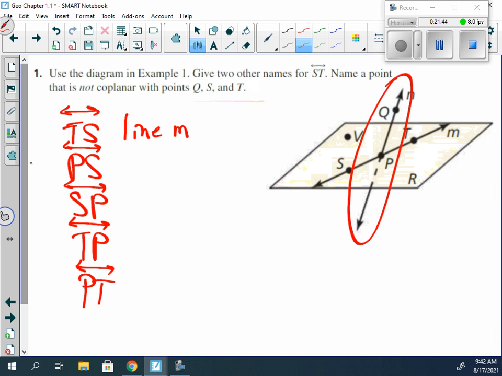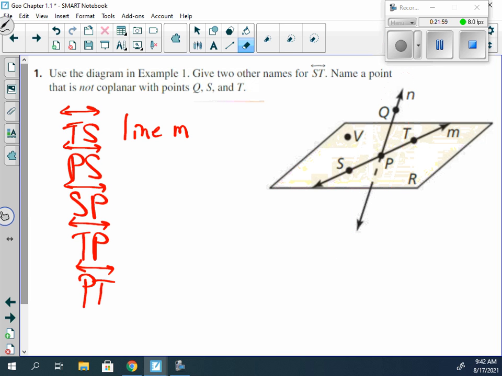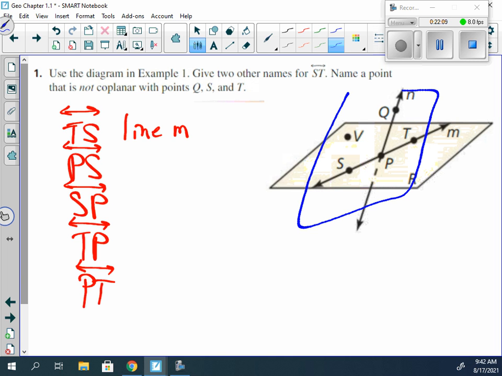Okay. Now there is a second part to this question. Name a point that is not coplanar with Q, S, and T. So it would be V. Because if we think about this plane, I'll draw it in here, it is going straight up and down.